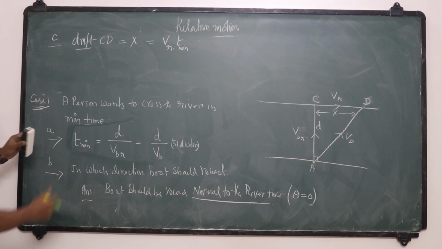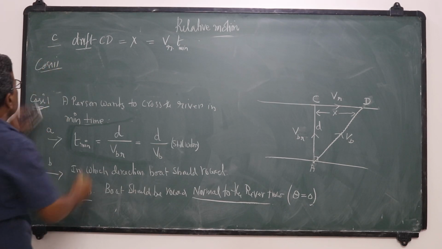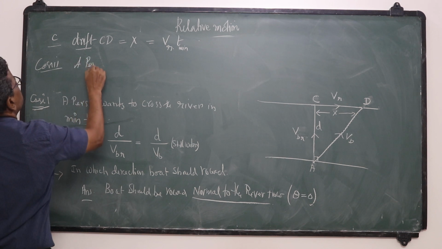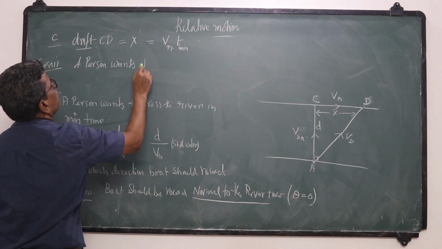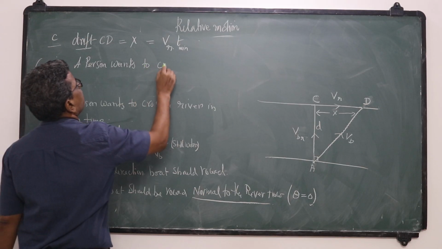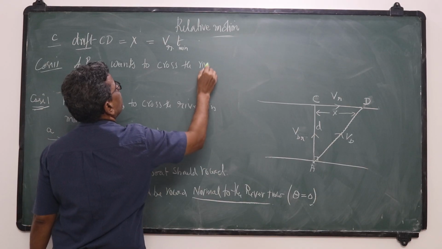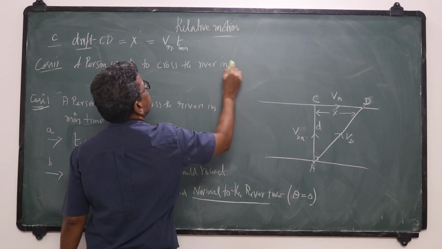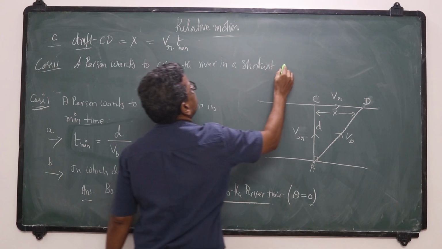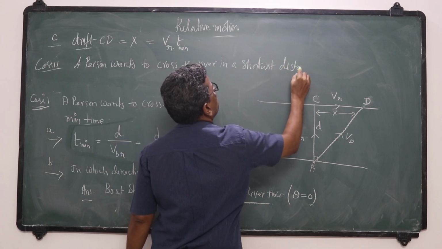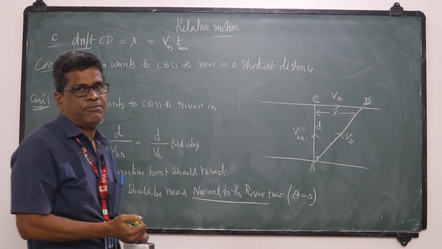Now case 2. Case 2 is a person who wants to cross the river in the shortest distance. So he won't bother about time.